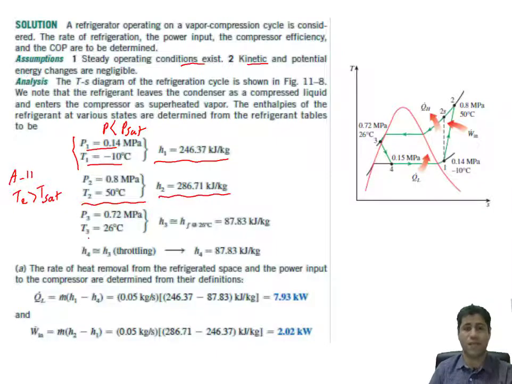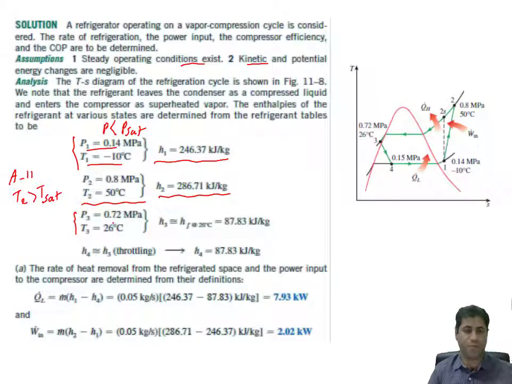How about state 3? For state 3, again we need to do the same procedure. We need to go to table A11 or A12 and compare this pressure and temperature with the saturated pressure and temperature.